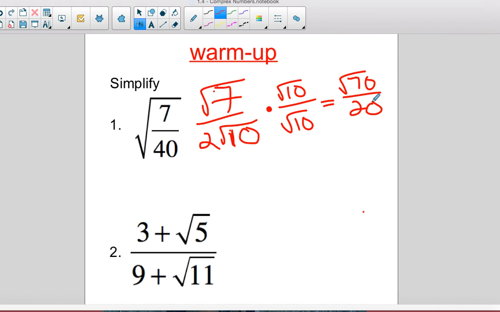This one down here, hopefully you did it. There's kind of a lot of different radicals going on here. But just to give you the final answer, it's going to be 27 minus 3 root 11 plus 9 root 5, and then minus root 55.